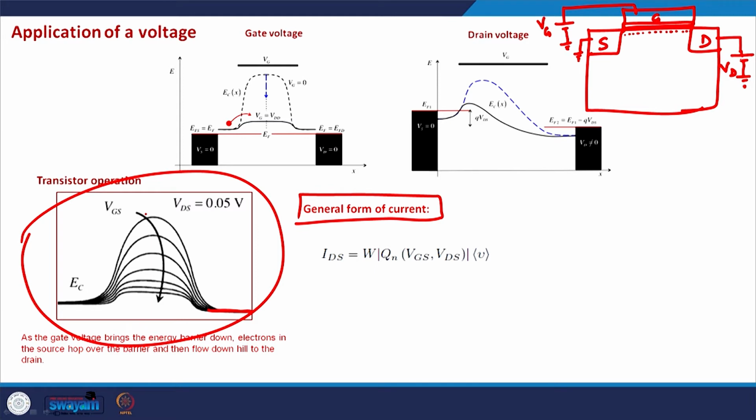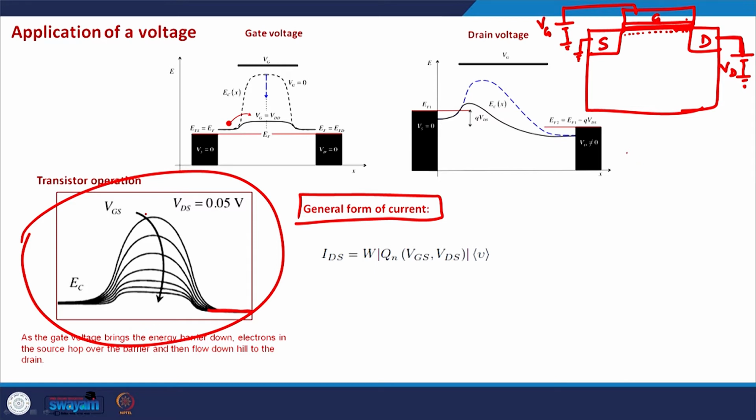But as we apply a drain voltage here, the drain voltage also creates a potential profile in the channel, which means that the net voltage difference between the gate and the channel, on the drain side especially, is now less than the threshold.